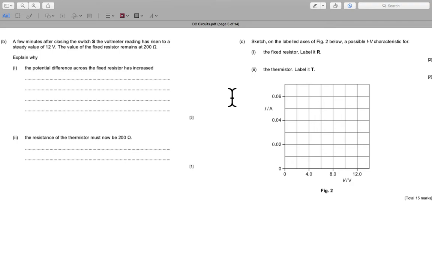Because this is a thermistor, it depends on heat or temperature.